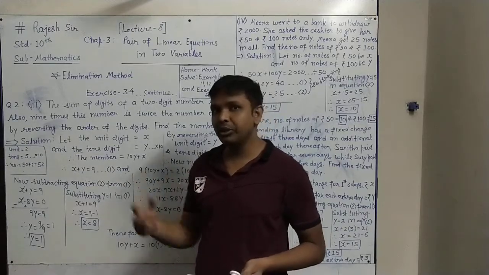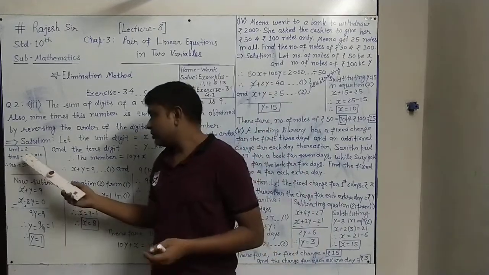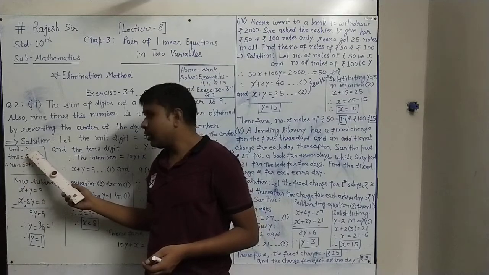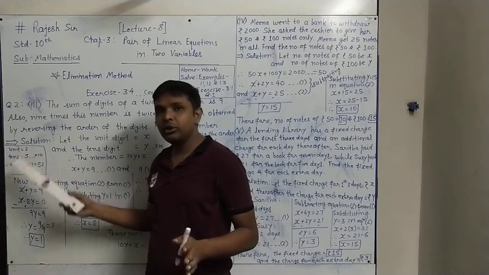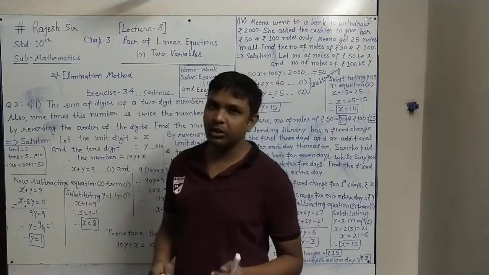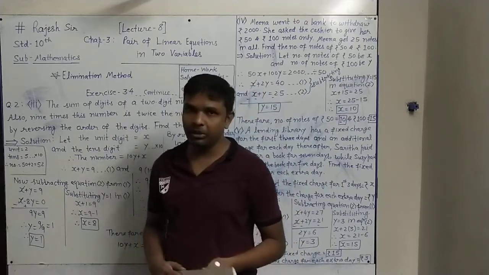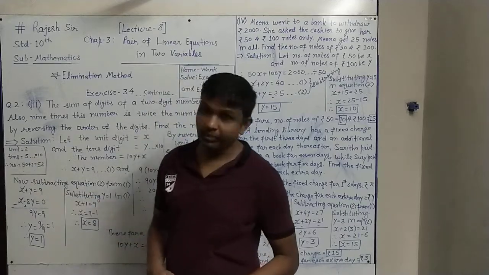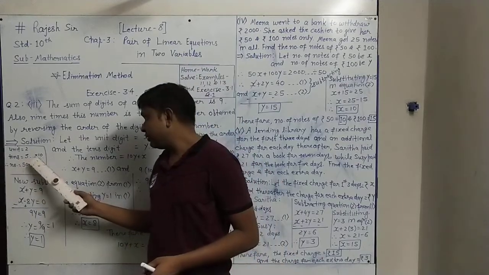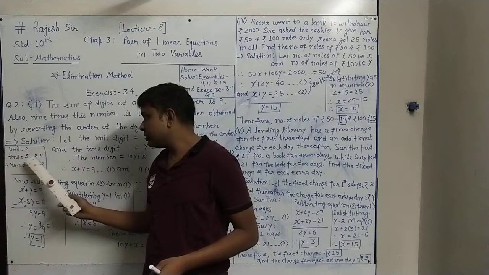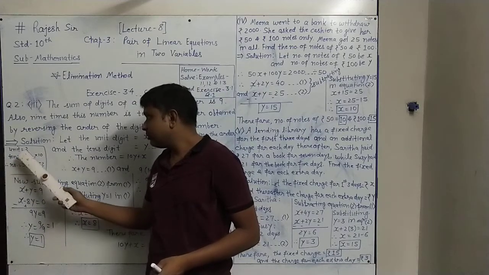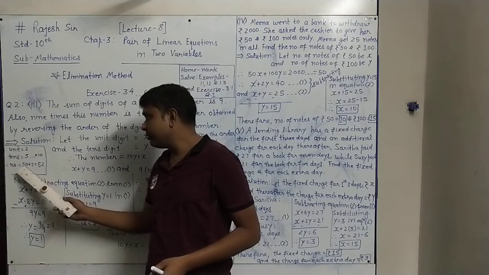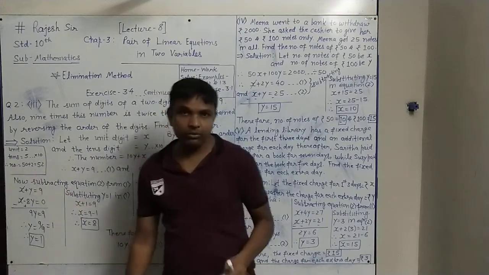Simply, the unit digit is multiplied by 1. I have not shown the multiplication by the unit digit, because multiplying by 1 gives the same number. The tens digit is multiplied by 10. So 5 into 10 is 50, plus the unit place digit 2, so 50 plus 2 is 52.